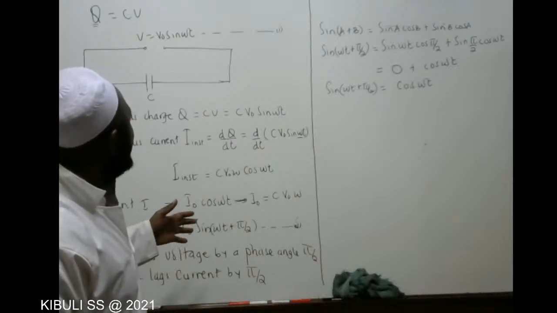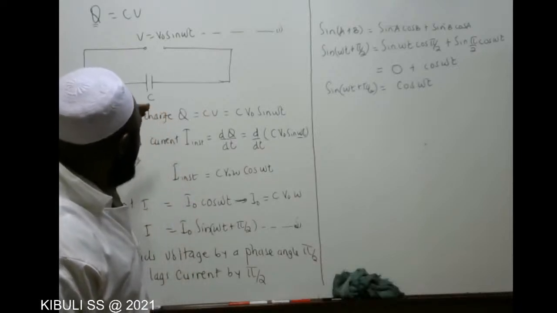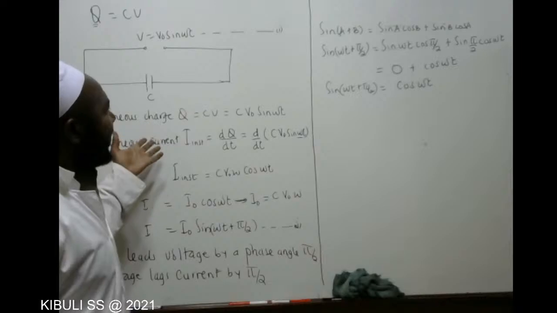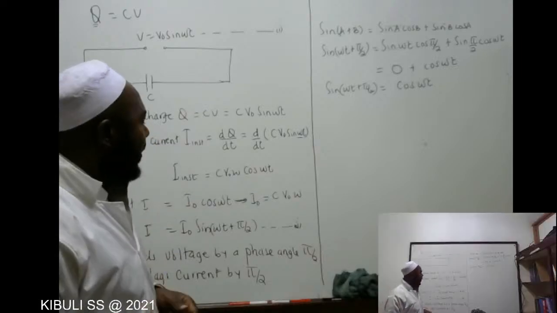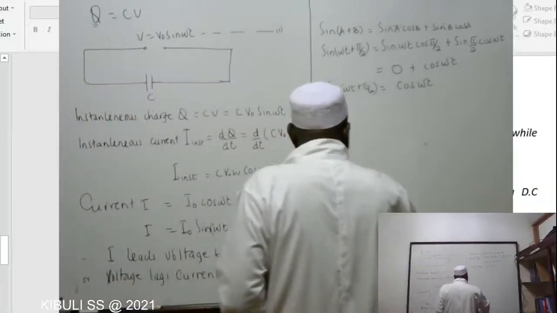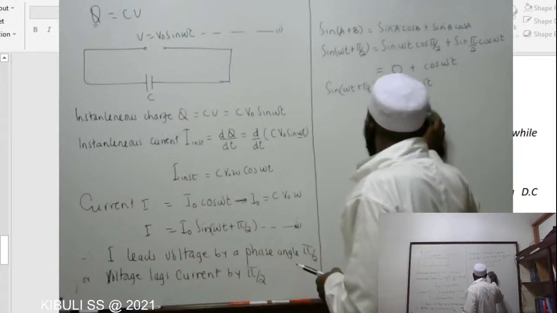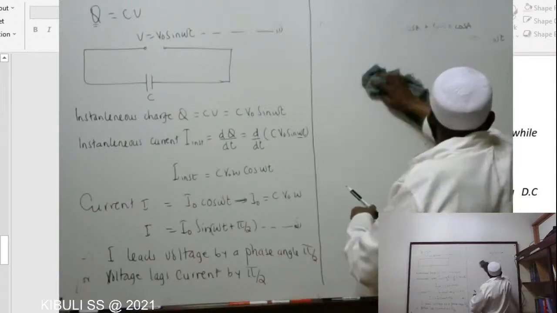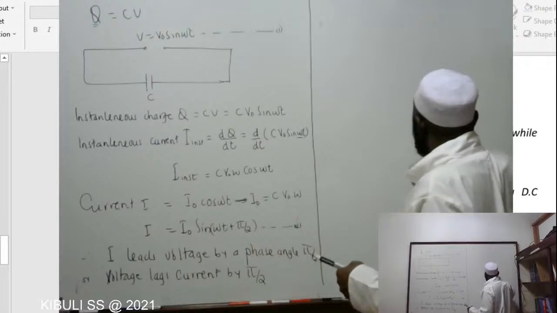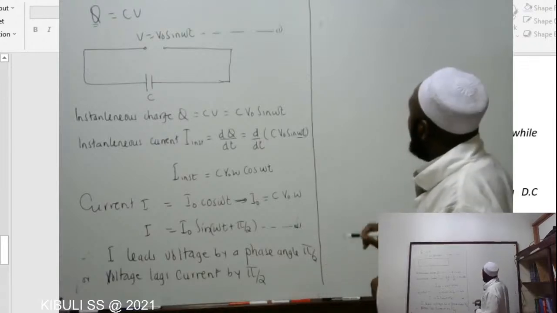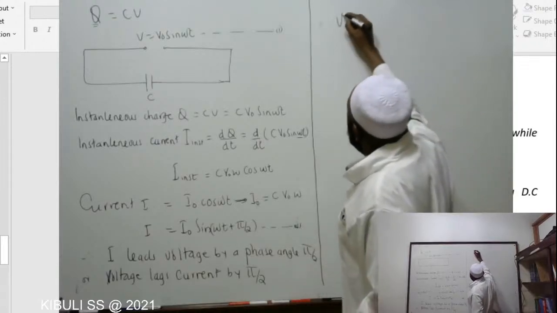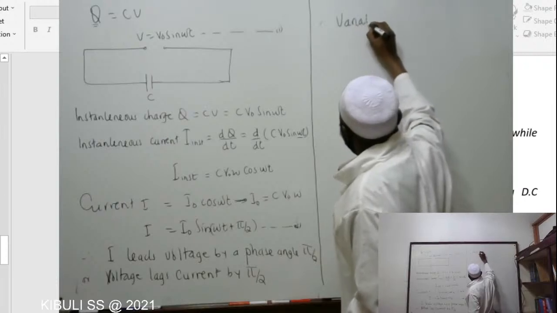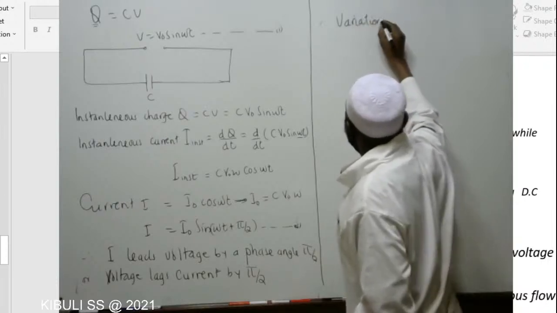So that is the relationship between voltage and current in a capacitor. Now, we have what we call variation of voltage in terms of graph, variation of current and voltage in a capacitor.